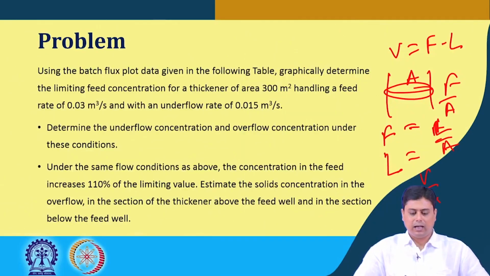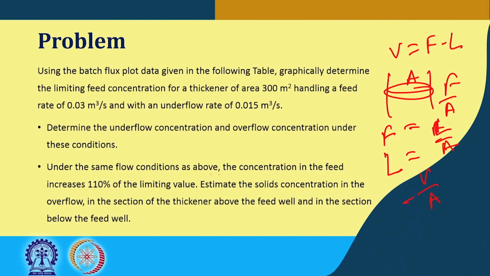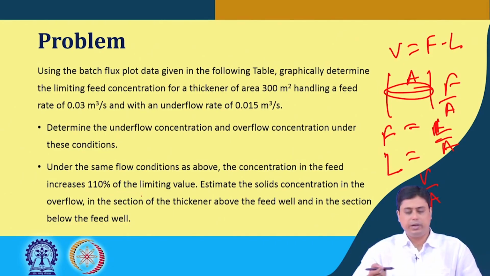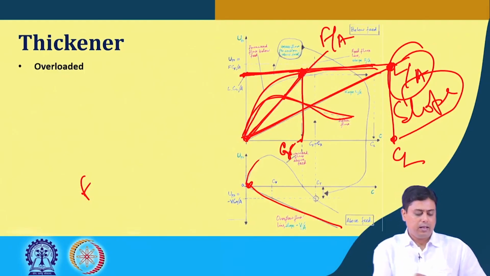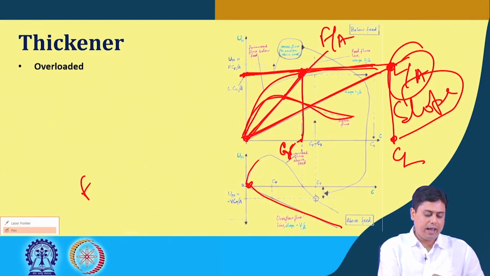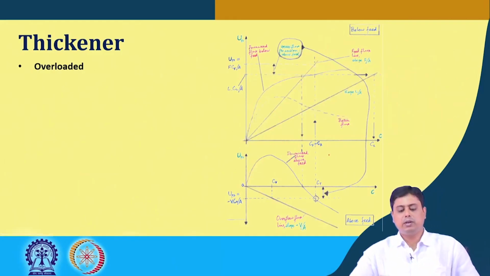The second part asks that under the same flow condition, if the concentration of feed increases to 110% of the limiting value, which means we are overloading the thickener, what would be the solids concentration in the thickener on overflow as well as in the underflow? So again, once we have that, this scenario becomes much easier.